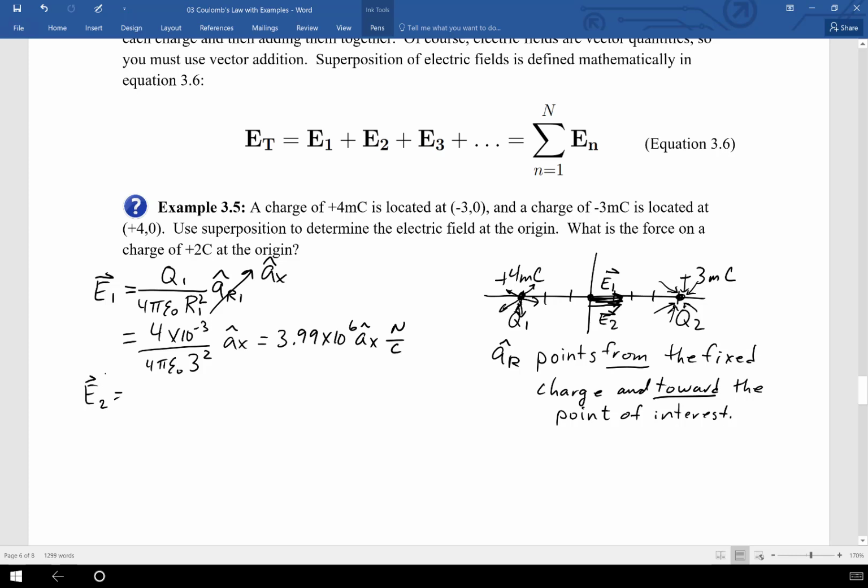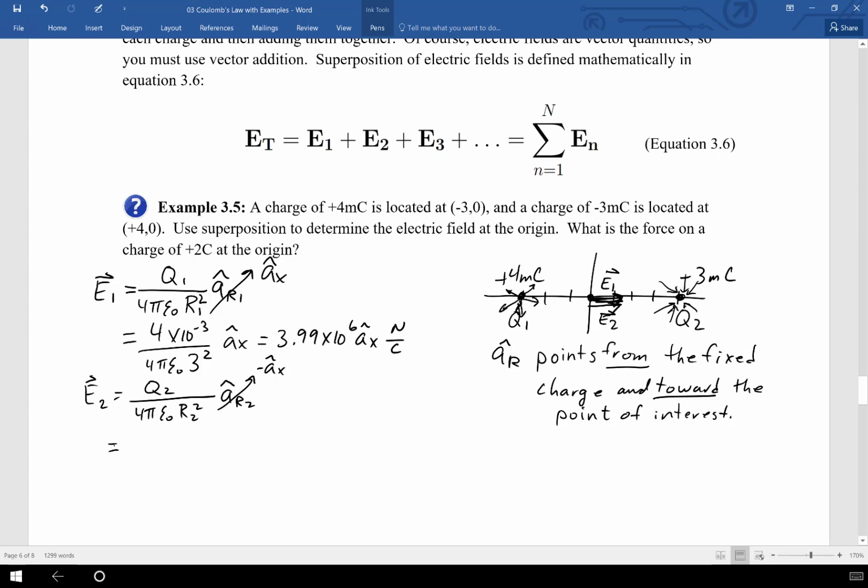E2, on the other hand, is going to be Q2 divided by 4 pi epsilon 0 R2 squared times a sub R2. What is a sub R2? It points from the fixed charge, which is now over here on the right, and it points toward the point of interest. So this is now in the negative a sub x direction.